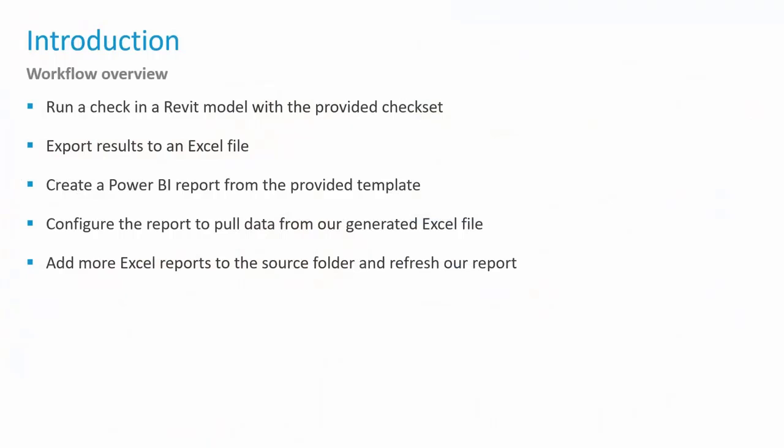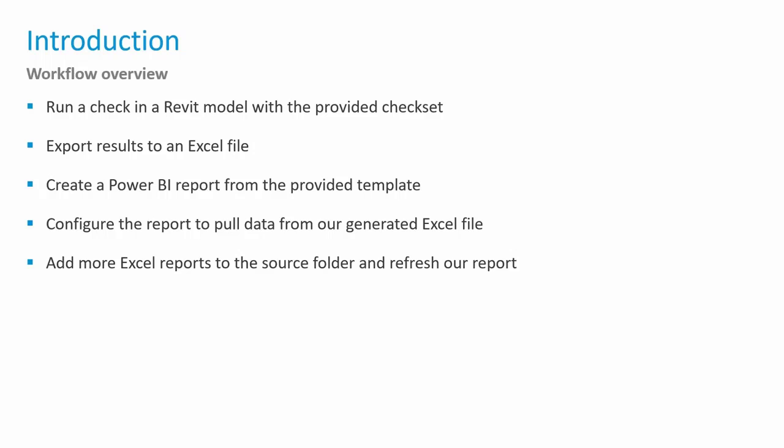As just a quick workflow overview, how this works is that you will run a check in your Revit model with the provided check set. The results of that check will be exported to an Excel file. We're going to create a Power BI report from the provided template, and we will need to adjust that Power BI report to look at the folder where our Excel file is created.